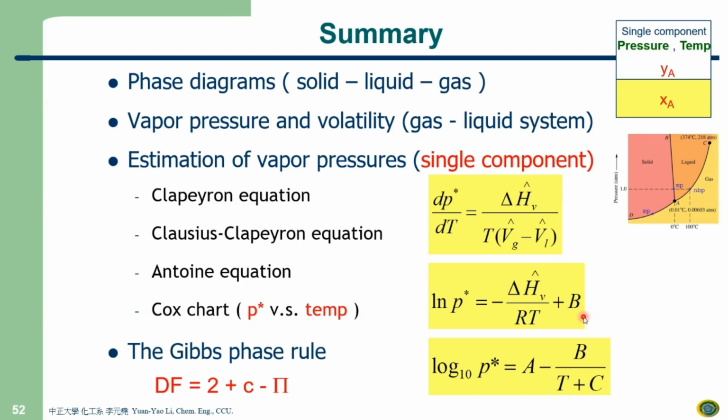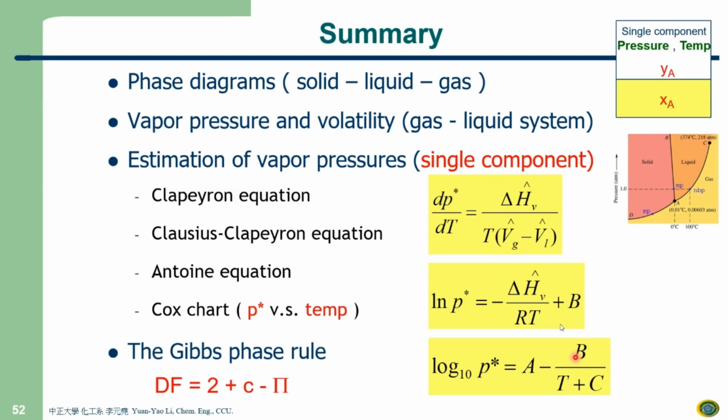B is a constant, a coefficient. If you plot the relationship, for example with the y-axis as pressure and the x-axis as the reciprocal of temperature, you can plot a straight line.